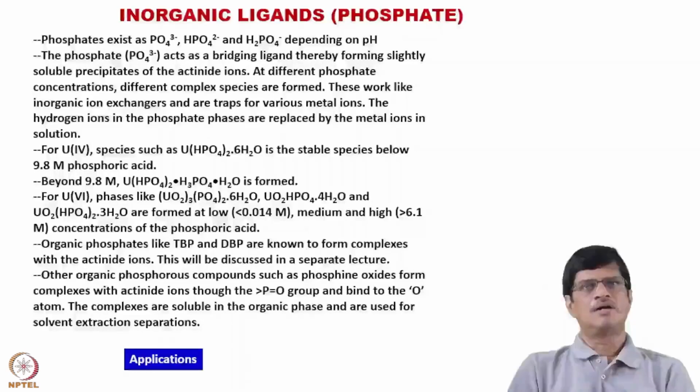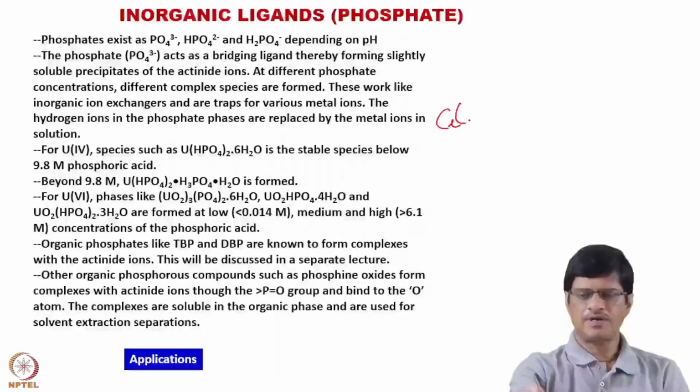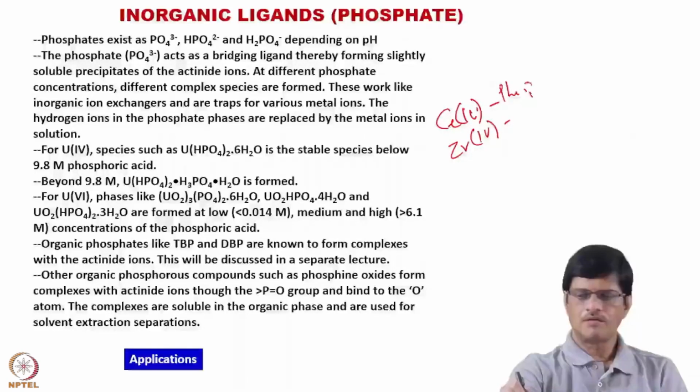At different phosphate concentrations, you can find different actinide complex species, and these complexes work like inorganic ion exchangers. You may know some of these tetravalent phosphates like cerium 4 phosphate and zirconium 4 phosphate. They are used as inorganic ion exchangers.